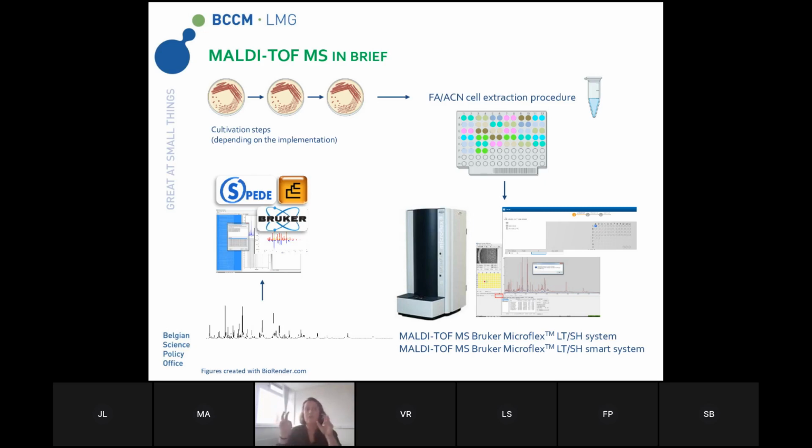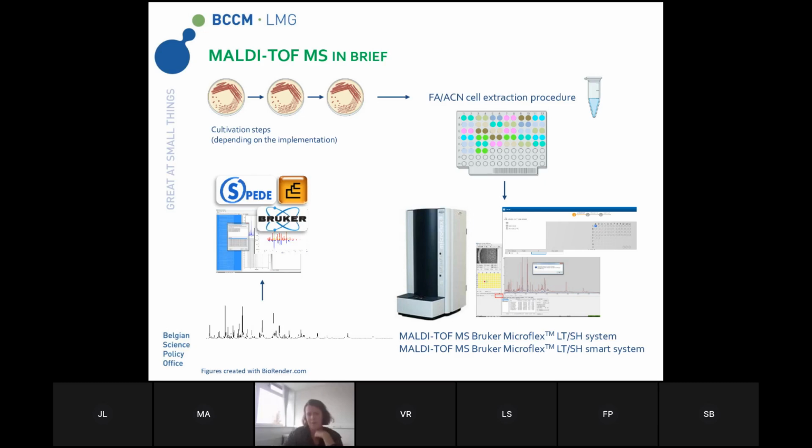We have the old system that we purchased in 2016, and we have also the novel system, the smart system, which has an advantage compared to the older system. The major advantage is actually the triple laser frequency, so it's measuring much faster. Ideal for culturomics projects or for identification database construction.